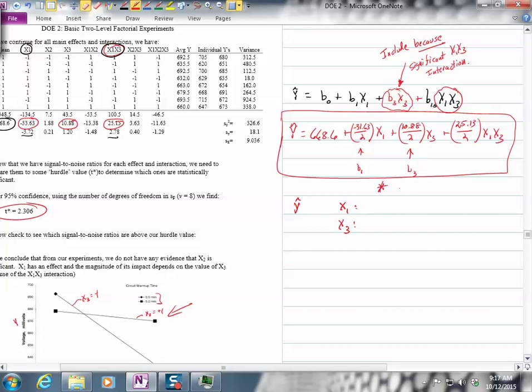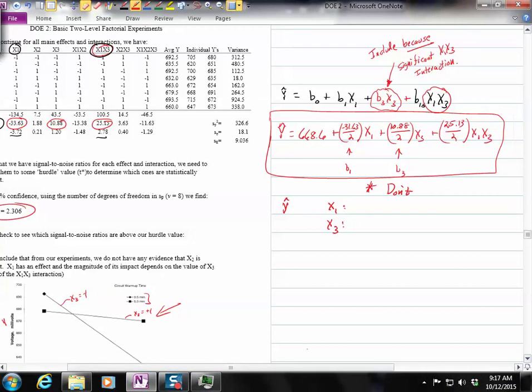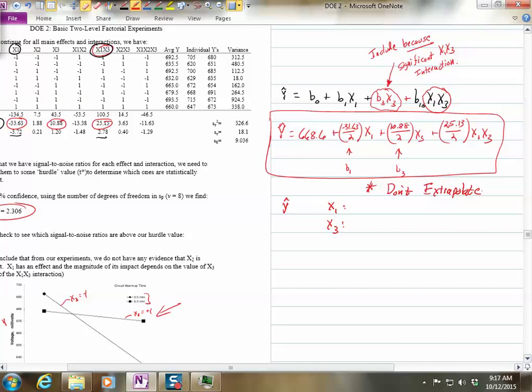But just like all empirical models, don't extrapolate these. What do I mean by don't extrapolate? You're not going to use it to predict values outside your data. For x1, we have -1 and +1.